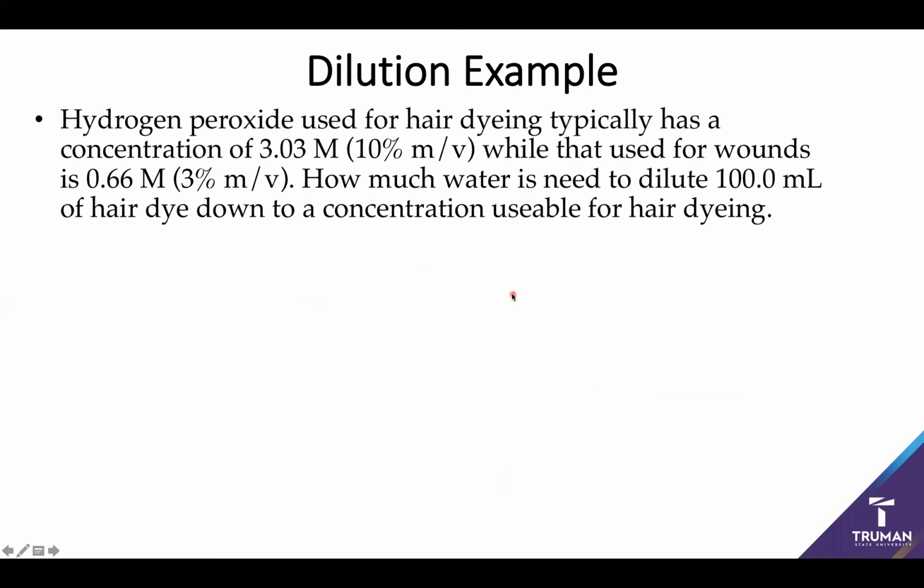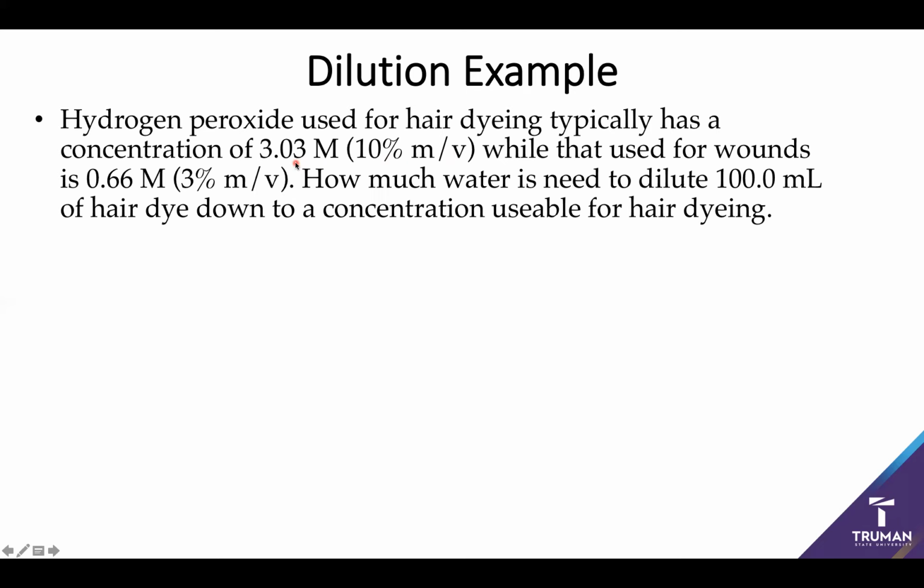So here's kind of a fun one. You can have hydrogen peroxide, which is used for hair dyeing. The reason why they have the phrase peroxide blonde is it's a way to bleach out your hair, remove the color. And the hydrogen peroxide for hair dyeing is about 10%. Again, this is mass of hydrogen peroxide per volume solution.